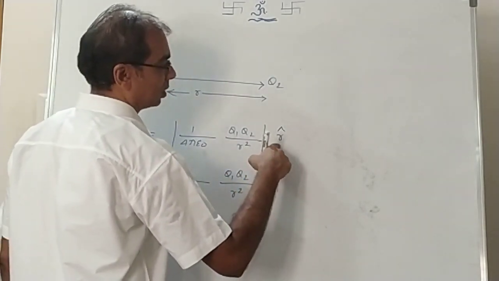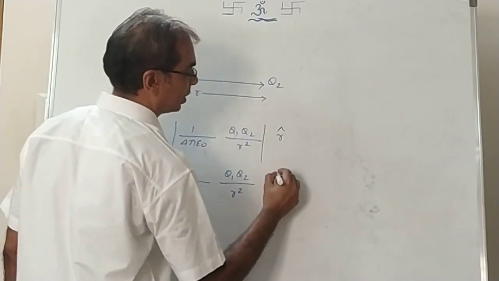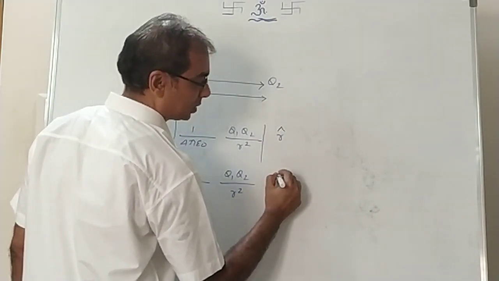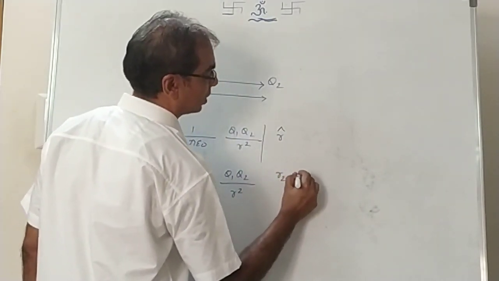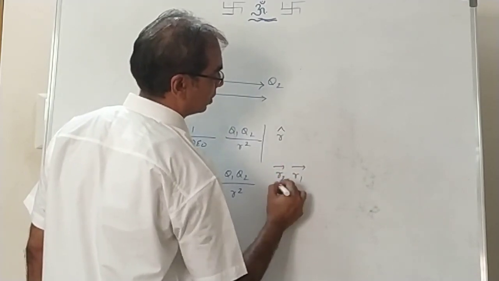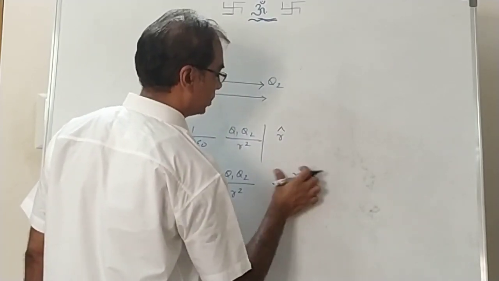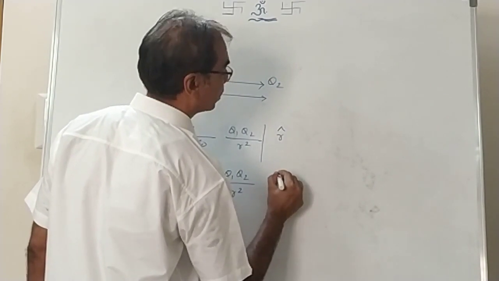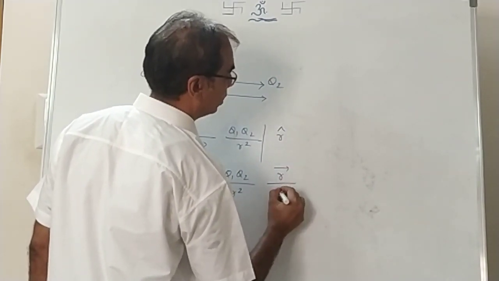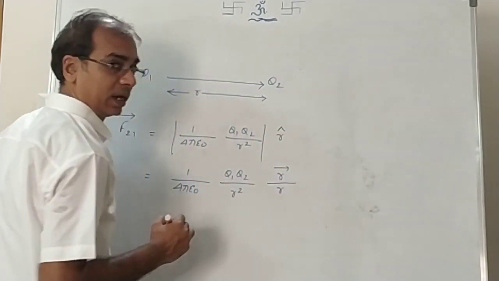Here this R unit vector we can write as R vector by magnitude of R, that is R2 minus R1 by magnitude of R.